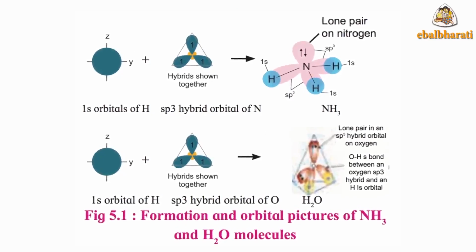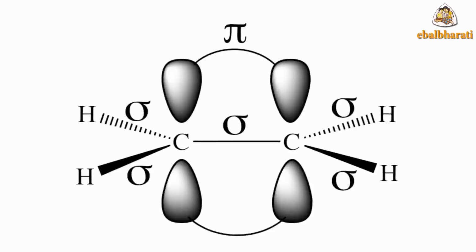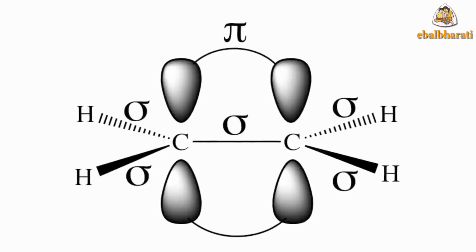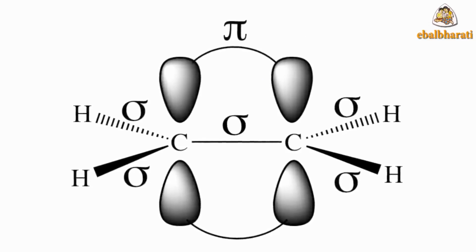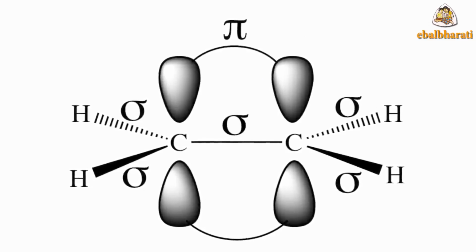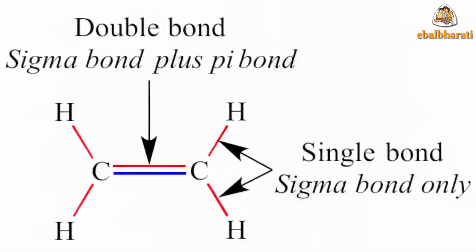Overlap of atomic orbitals. Formation of a bond has been explained on the basis of overlap of atomic orbitals having the same energy and symmetry. In the preceding section, we have seen that the strength of the bond depends on the extent of overlap of the orbitals. Greater the overlap, stronger is the bond.